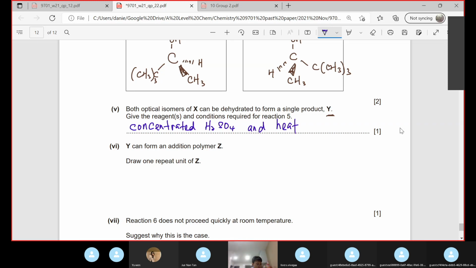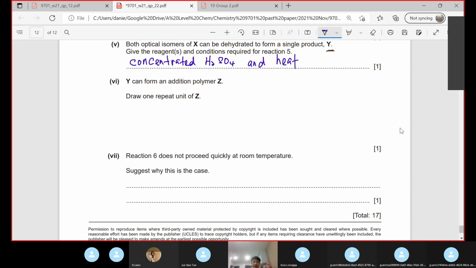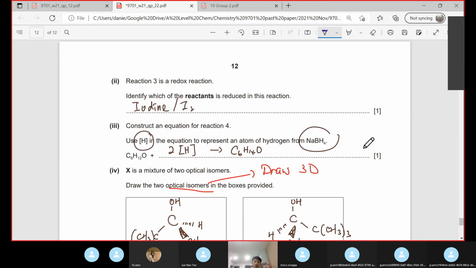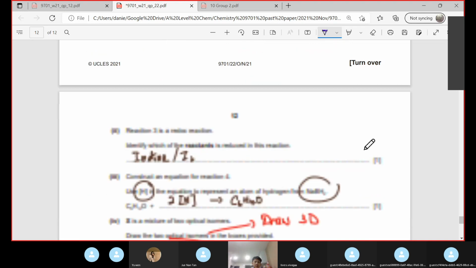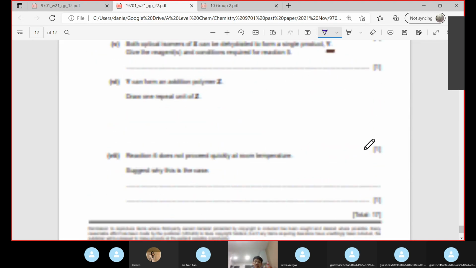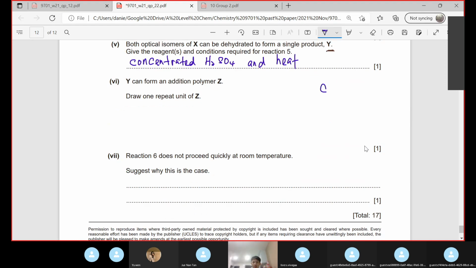Then number 6, Roman 6: Y can form an addition polymer Z. For this one, usually I will advise you to draw the alkene in another form, meaning you make the C double bond C at the center. If you draw the C double bond C at the center, you should get something like this: C double bond C, then H, H, H, C, CH3, 3.